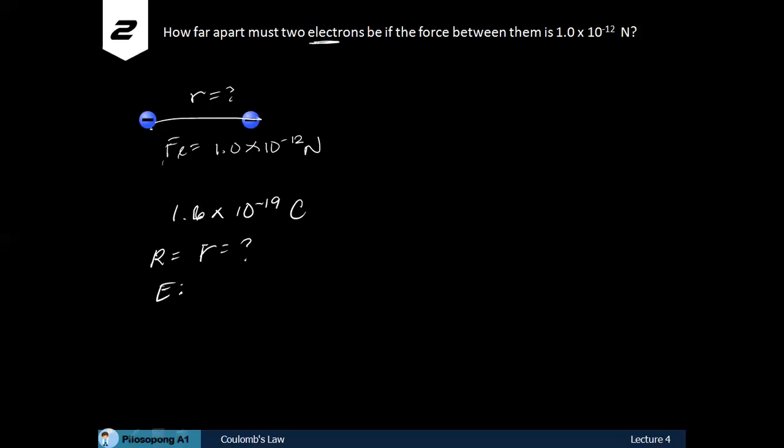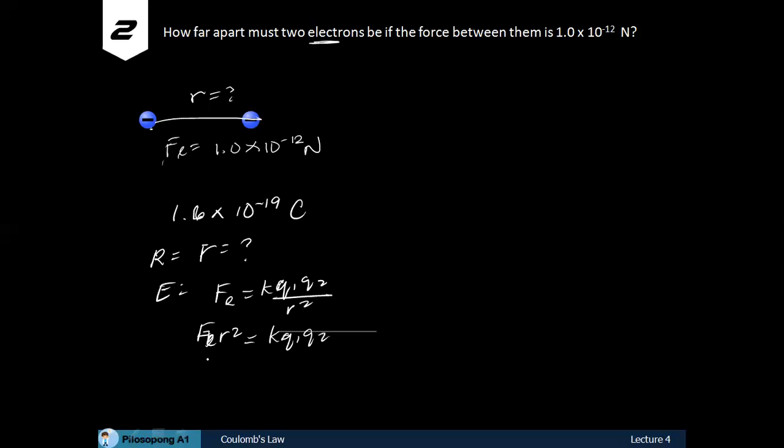And our equation comes from our basic equation Fe is equal to K Q1 Q2 over R squared. So we need to derive the equation for R squared. So that's cross multiplication: Fe R squared is equal to K Q1 Q2.